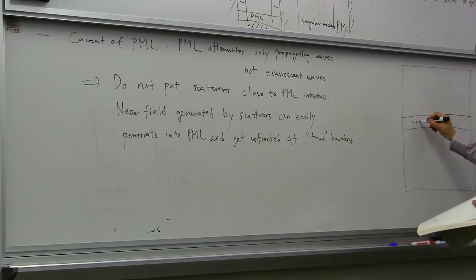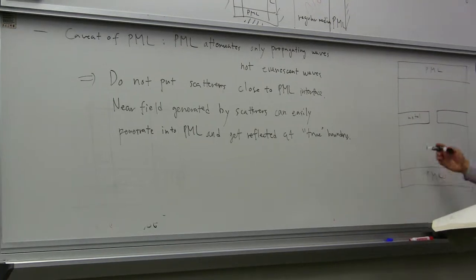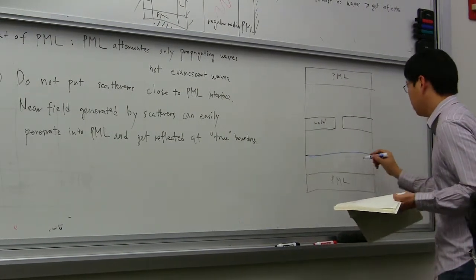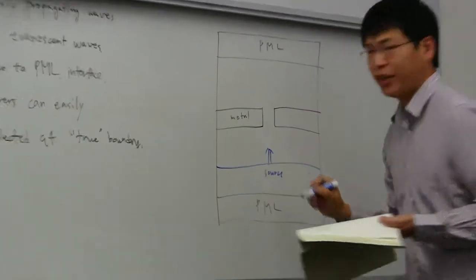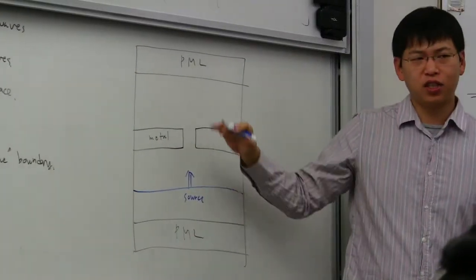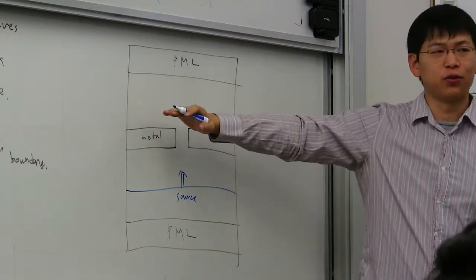This is metal, and we put PML here. We had a source, and it's a plane wave to this slit. Then some gets transmitted and some gets reflected, right? And you are measuring the transmission through this slit.